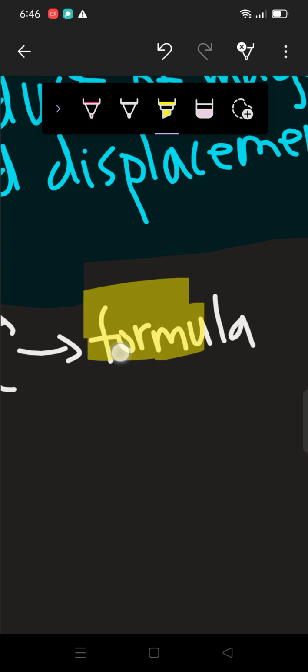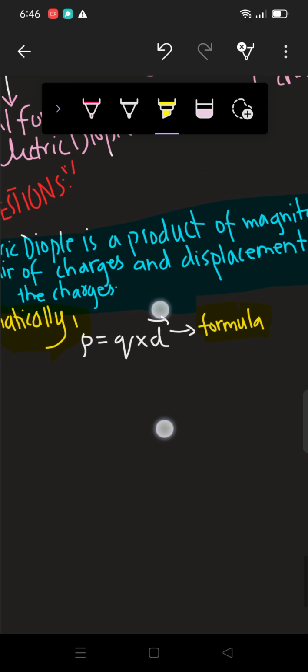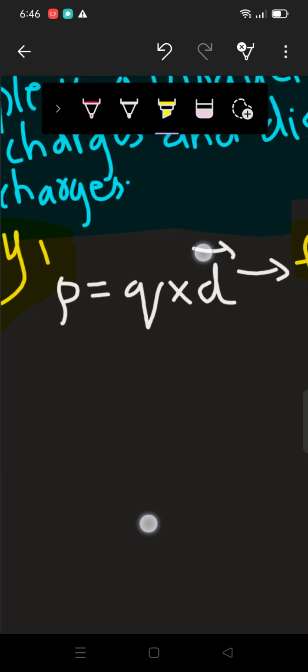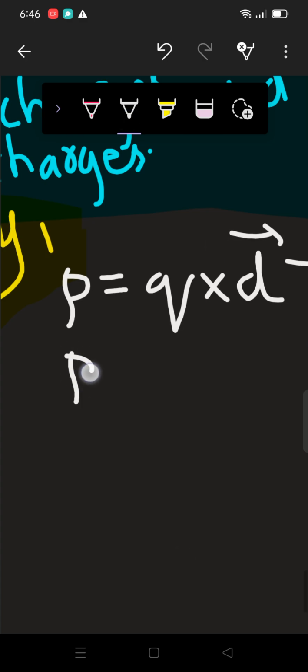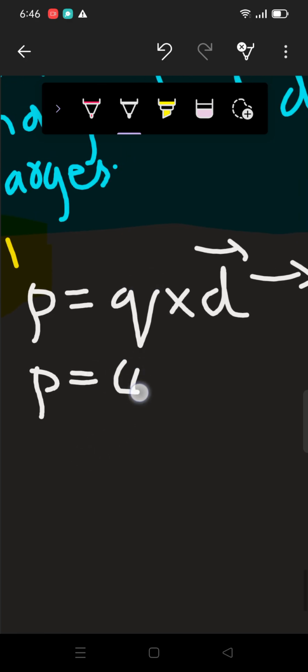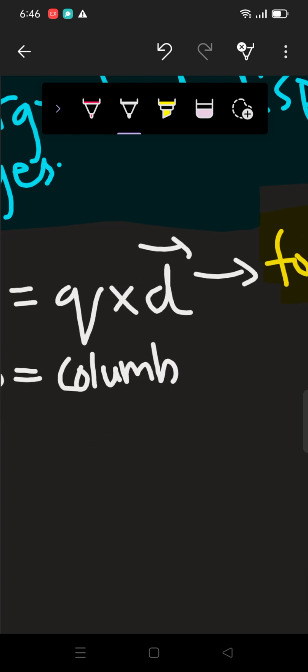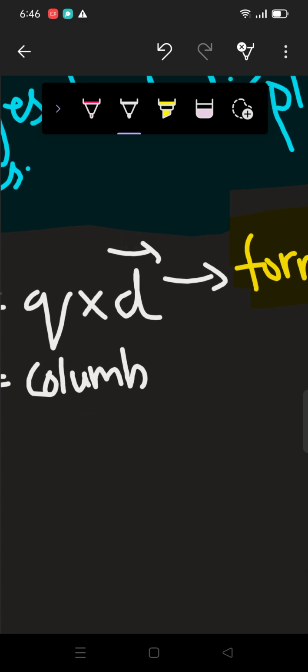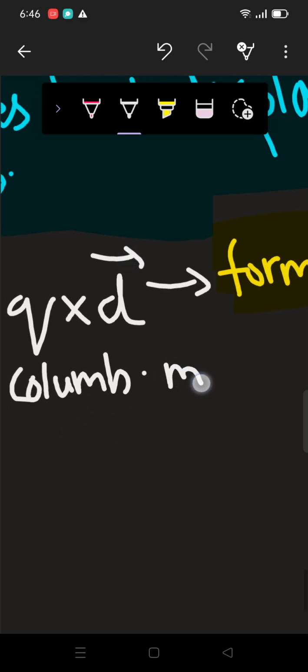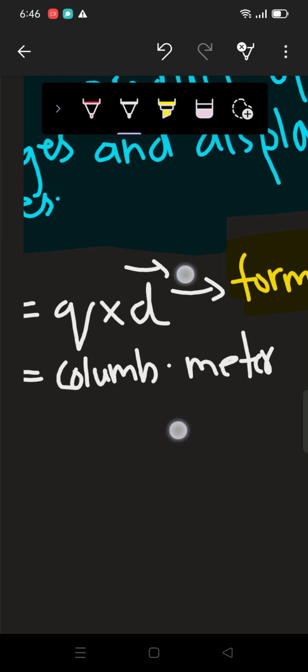This is the formula, as we discussed yesterday as well. But now we want the SI unit for the electric dipole. We know that P is equal to charge times displacement. The unit of charge is the coulomb, and 1 coulomb is equal to 1 ampere second. The unit of displacement is the meter.